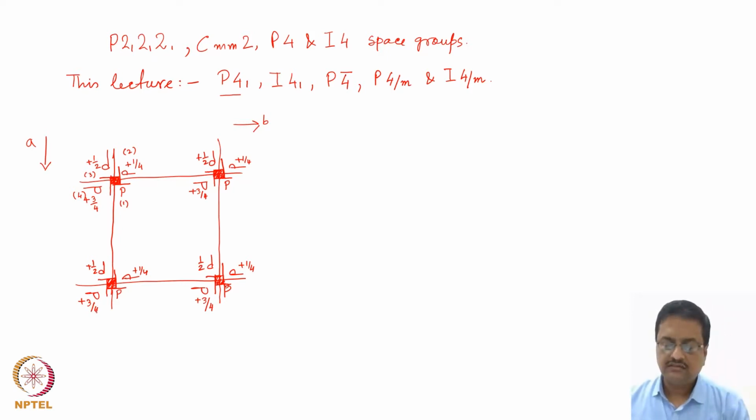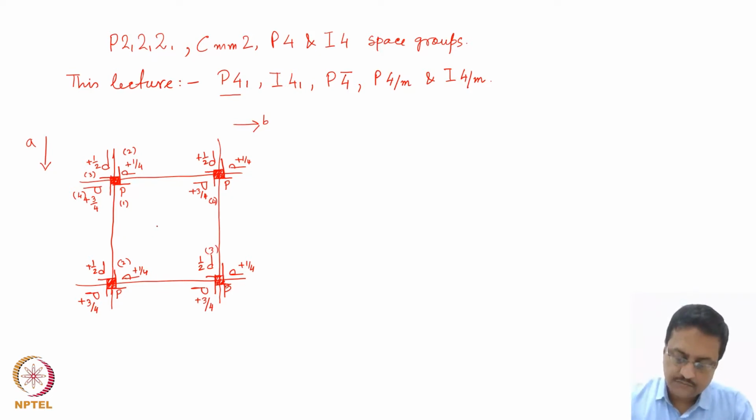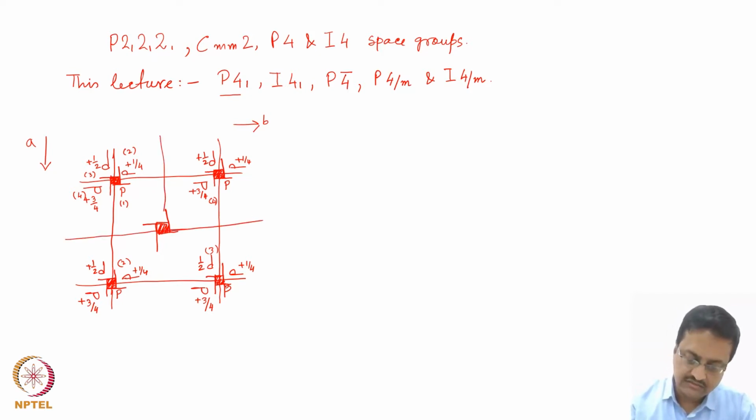Now what we see is that inside the unit cell there are 4 equivalent points: 1, this is the 4th one, this is the 2nd one, and the 3rd one. All these 4 equivalent points are again related by a 4-1 screw about the center of the lattice, about this central point.